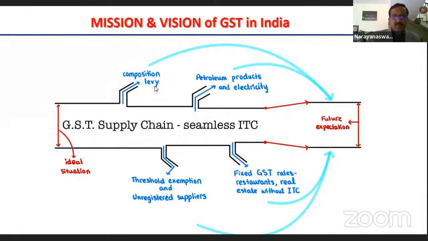One is composition levy, another is threshold exemption for unregistered persons. Then petroleum products and electricity are not yet brought into GST. And there are some fixed rates without input tax credit for restaurants and real estate and things like that. These are all breaking our chain of input tax credit and the supply chain. That's why the mainstream here has become a little smaller.